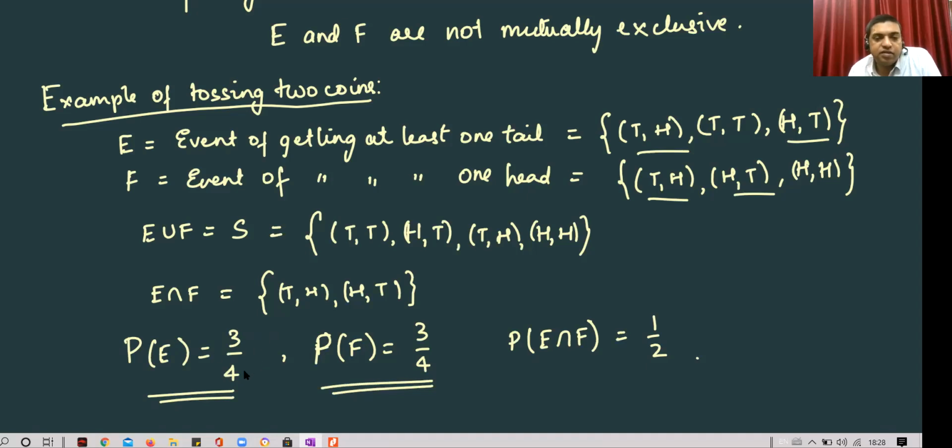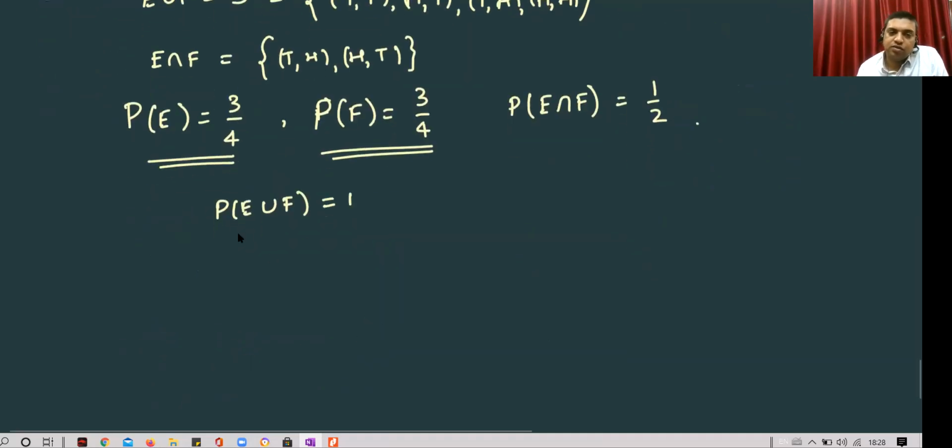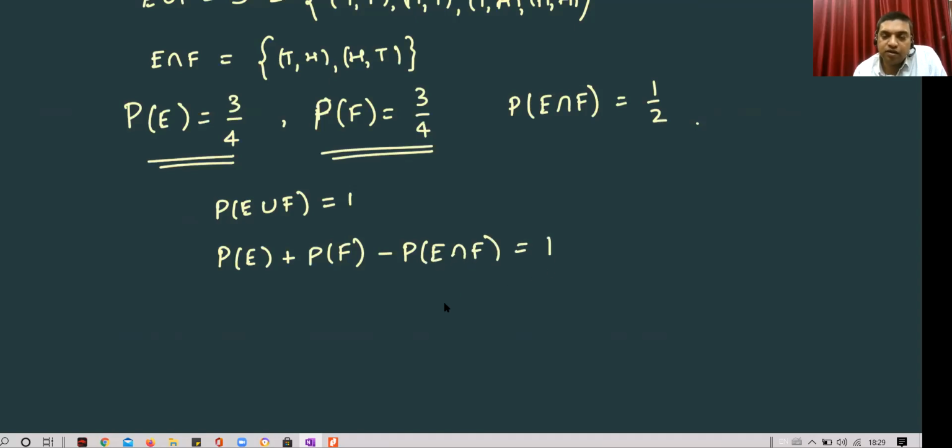So this is an example in which the individual probabilities of two events are such that the sum of them is greater than 1. As long as the sum of them is greater than 1, they cannot be mutually exclusive. P of E union F is 1, right? So P of E plus P of F minus P of E intersection F is equal to 1.